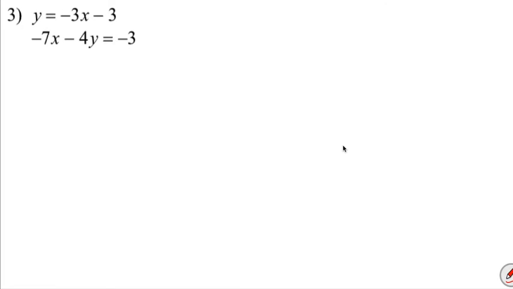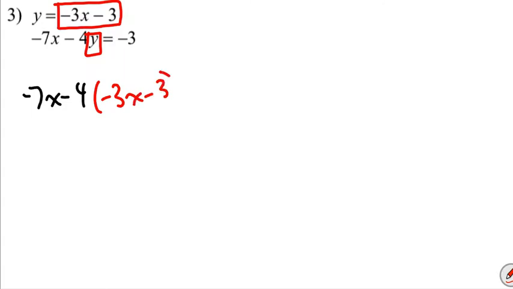Next, let's do the same thing over and over again. All we're doing is the same thing. So plug that in here for y. So first, negative 7x minus 4, and I'm replacing the y now with negative 3x minus 3. Equals, the right-hand side of this is negative 3.